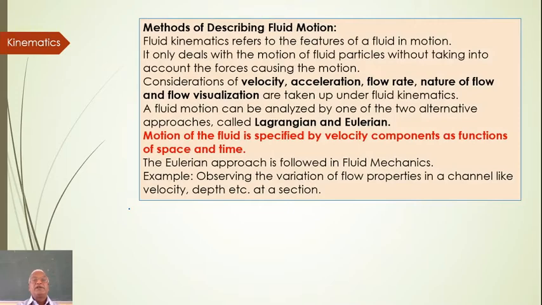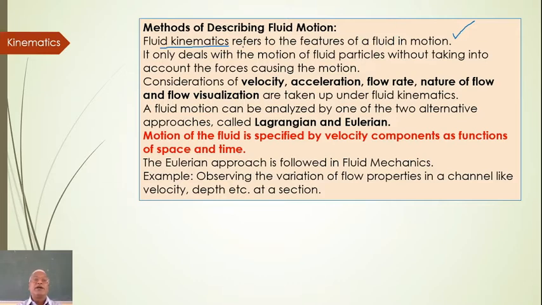So methods of describing fluid motion: fluid kinematics refers to the features of the fluid in motion. So what does fluid kinematics mean? It is the properties or features of the fluid in motion. It means the velocity of the flow comes into the picture, the trajectory of motion comes into the picture, right? The acceleration comes into the picture, everything, whatever distance-time relationship along with the trajectory, that all comes into this.